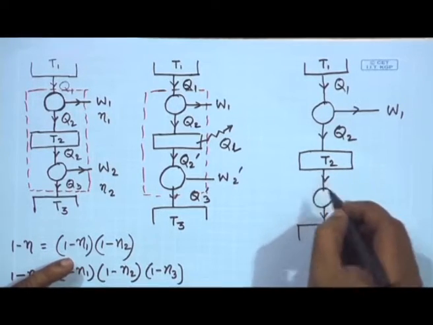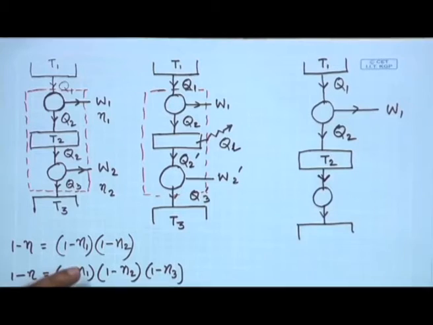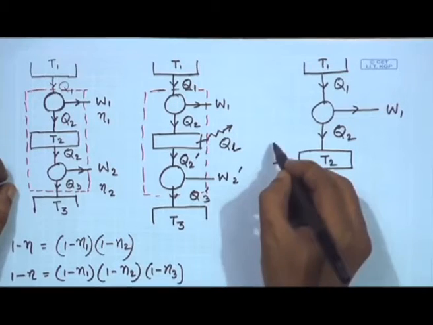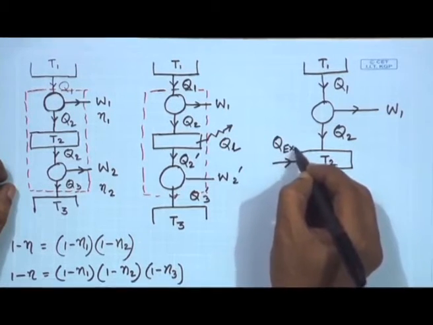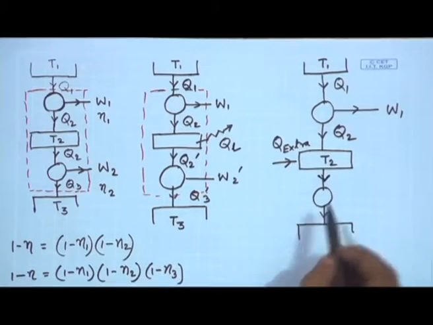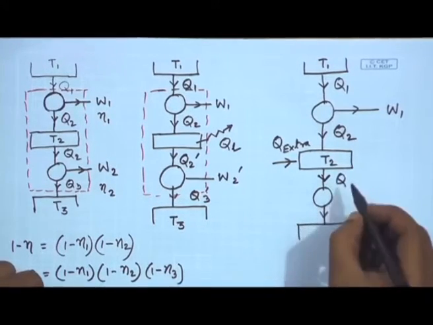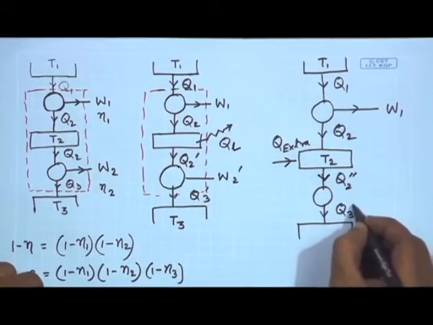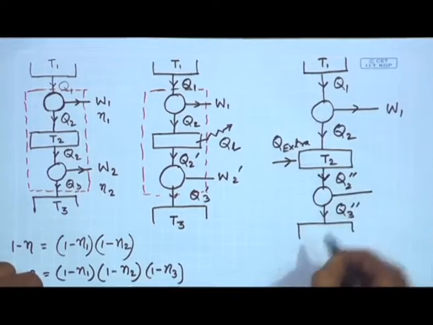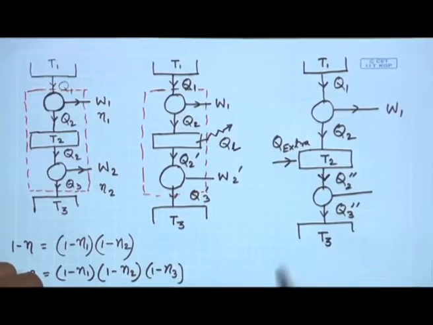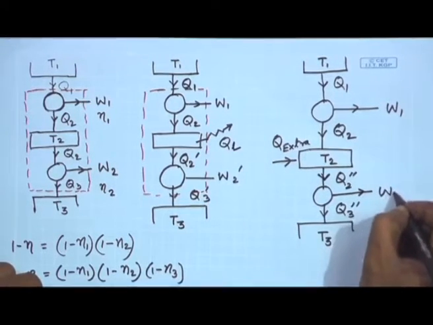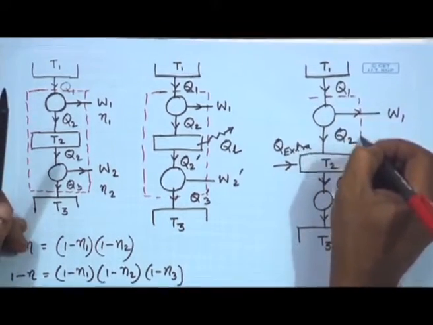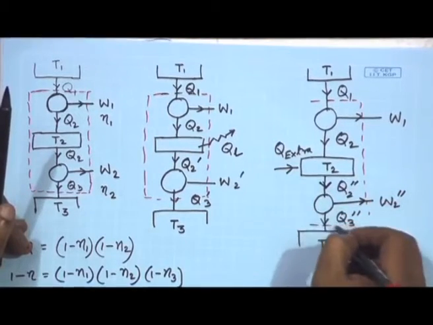At temperature T2, this bottoming cycle has to pick up thermal energy, but here some extra Q extra is supplied, so that the bottoming cycle gets Q2 double dash amount of heat, it rejects Q3 double dash amount of heat to the reservoir at the lowest temperature and does W2 double dash amount of work. So, the situation of the combined cycle is now like this.